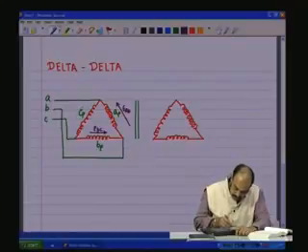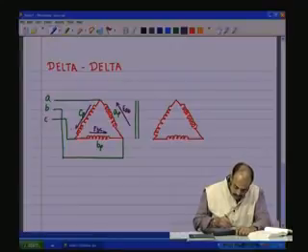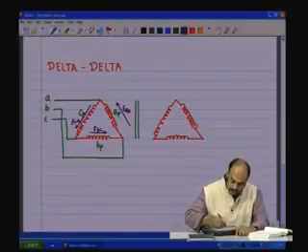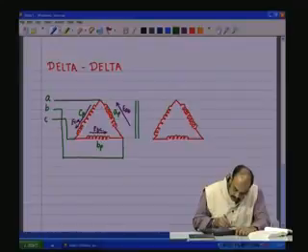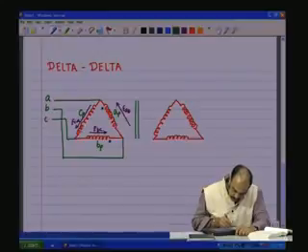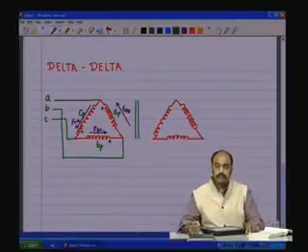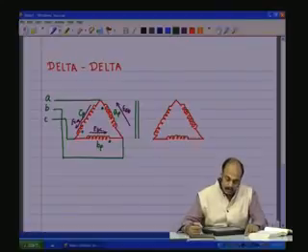EBC, and then you have ECA. So, therefore, we are having the following dot polarities, and these are the dot polarities as given.